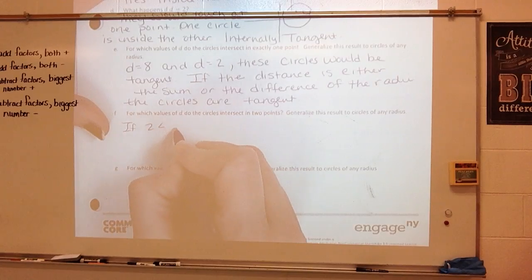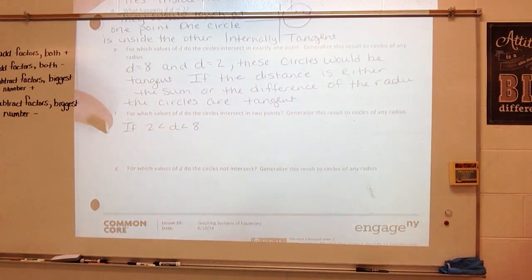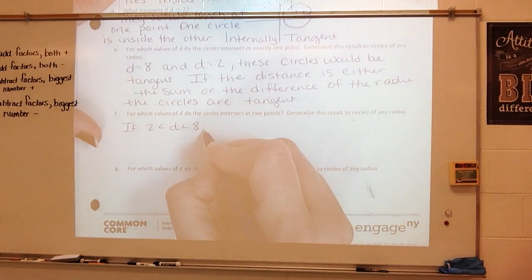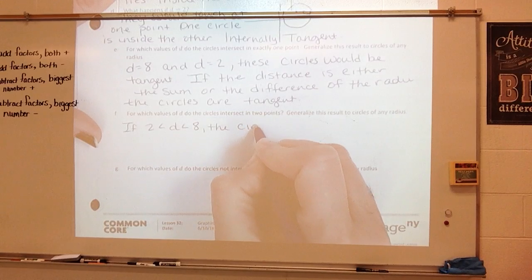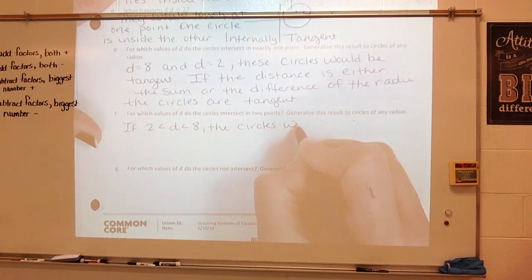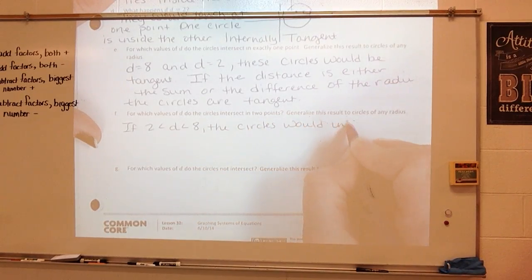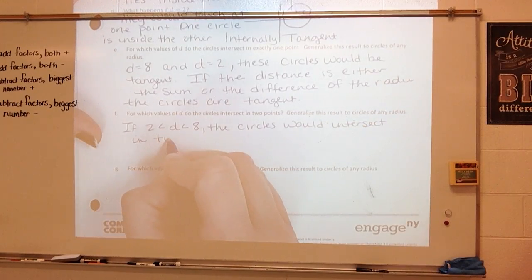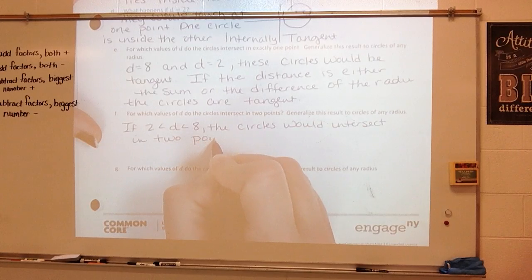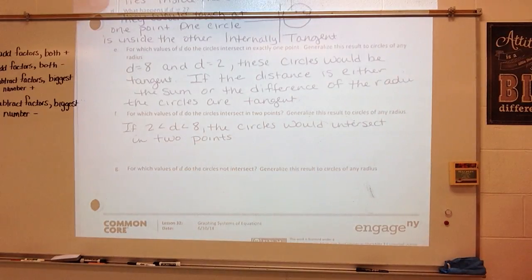So if 2 were less than D were less than 8, the circles would intersect in 2 points. Alright? And we did not see that in any of our examples.